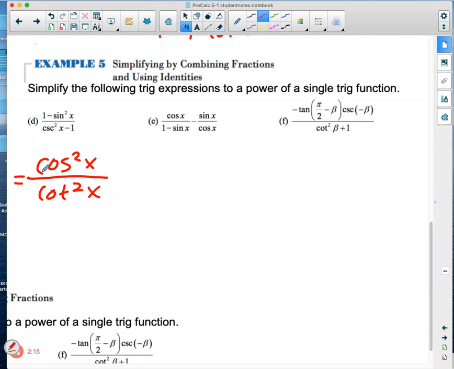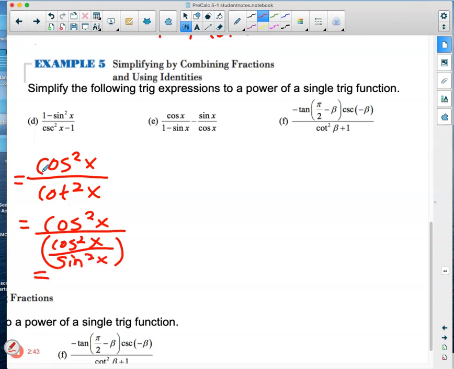And now I have to decide, well, where do I go from here? And I see that I have the primary trig function of cosine, but I have a secondary trig function of cotangent. And I remember, you know what? It's always easier to see things in terms of just cosine and sine. So what I'm going to do is rewrite cotangent squared x as cosine squared x over sine squared x.